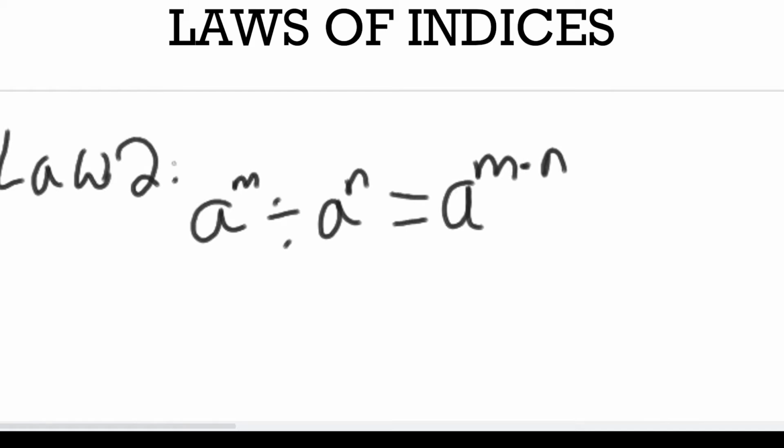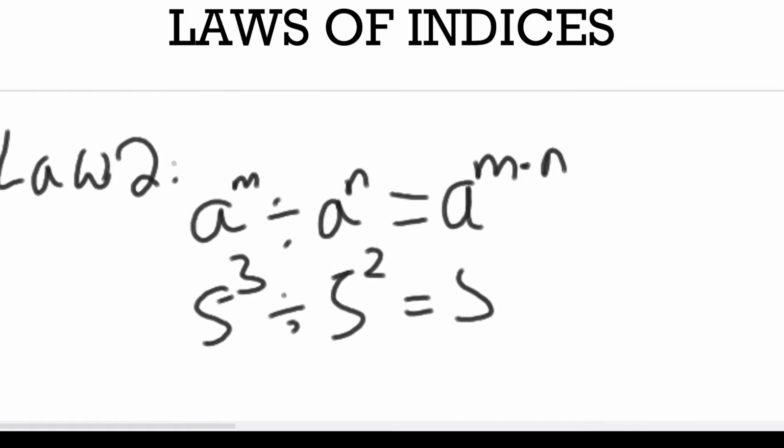Now let's write this in numbers. Suppose a is 5, m is 3, divided by 5 to the power n, where n is 2, equal to 5 to the power 3 minus 2, which is 5 to the power 1. So it will remain as 5.